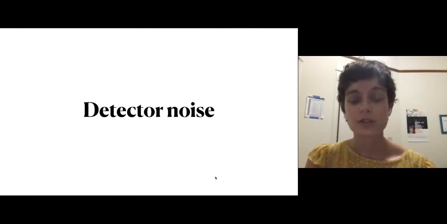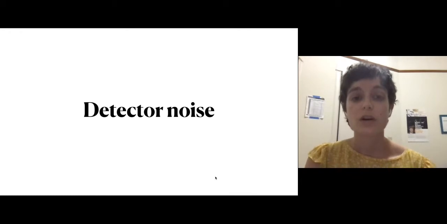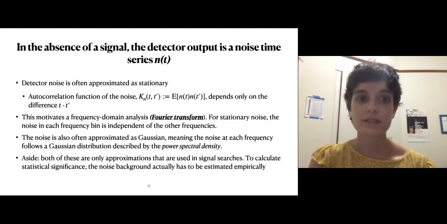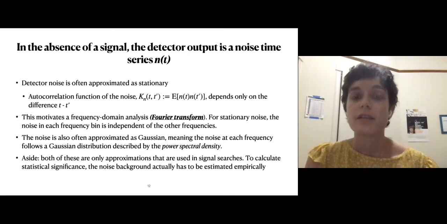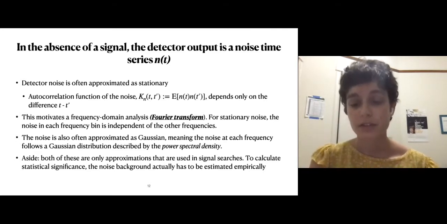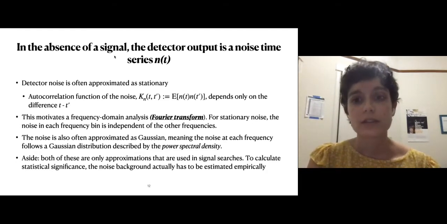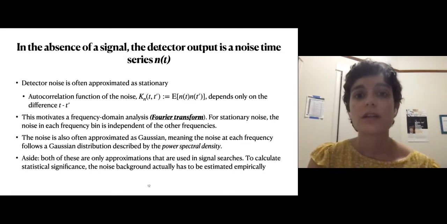But now going on to discussing some of the math behind all of this. So first, we have to understand what the detector noise is. For the purpose of detecting signals, we assume some properties about the detector noise, as I'll describe here. So in the absence of a signal, just a notation, the detector output is a noise time series, which I'll write as n of t.